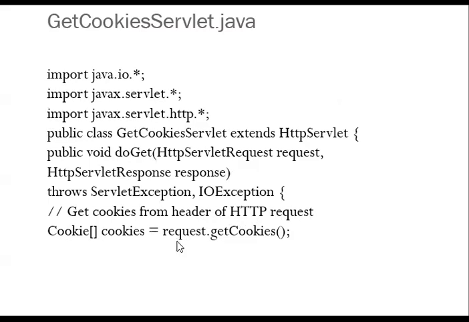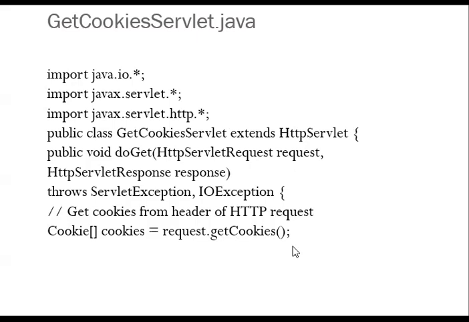Remember, when a request is sent, all the cookies that are stored in our browser will be sent by default. So the server will always have access to our cookies in the browser.